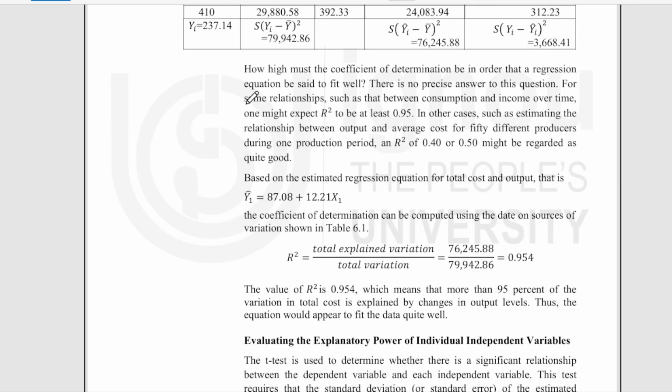For some relationships, such as between consumption and income over time, one might expect r square to be at least 0.95. In other cases, such as estimating the relationship between output and average cost for 50 different producers during one production period, an r square of 0.40 or 0.50 might be regarded as quite good.